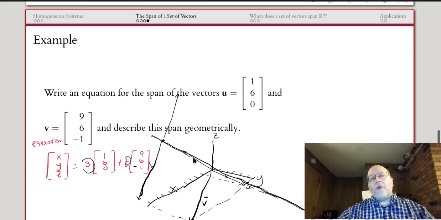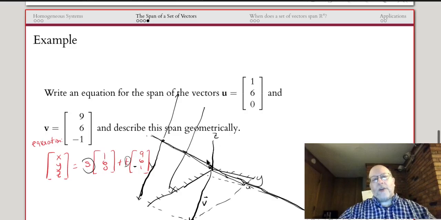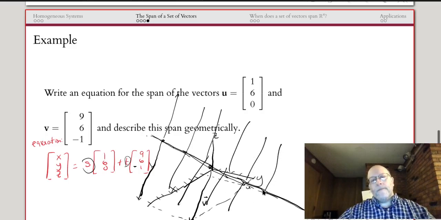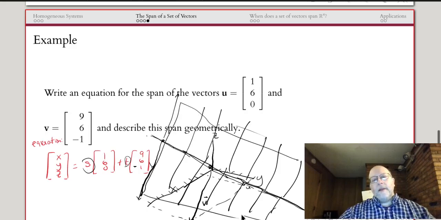But if I could travel, starting at the origin, any distance in the u direction, and then change directions, and then travel any distance in the v direction, then my span is an entire plane that contains the vectors u and v.